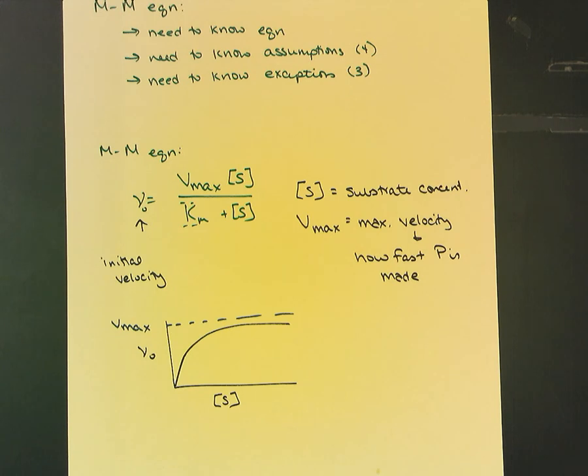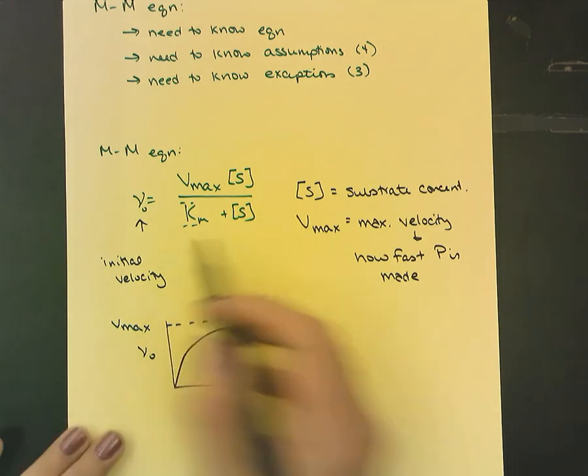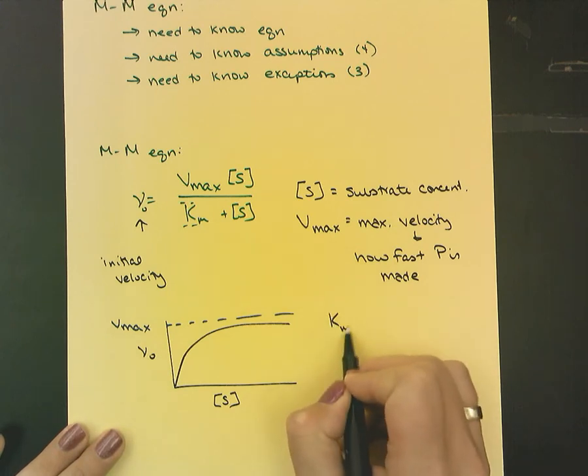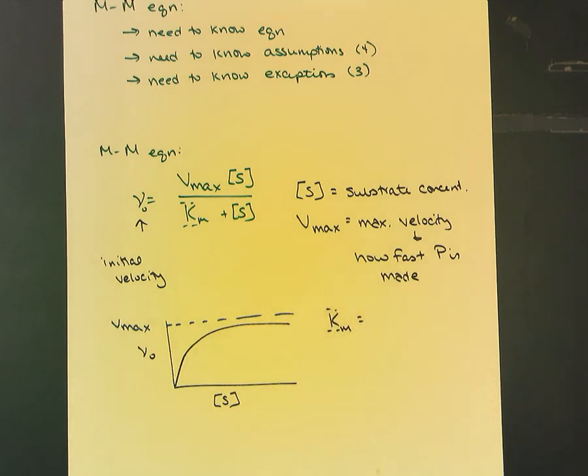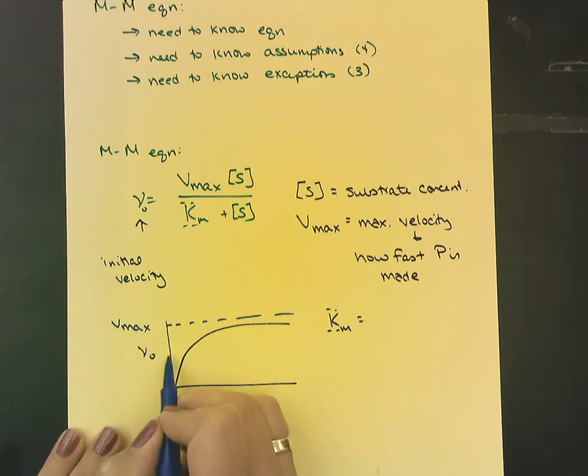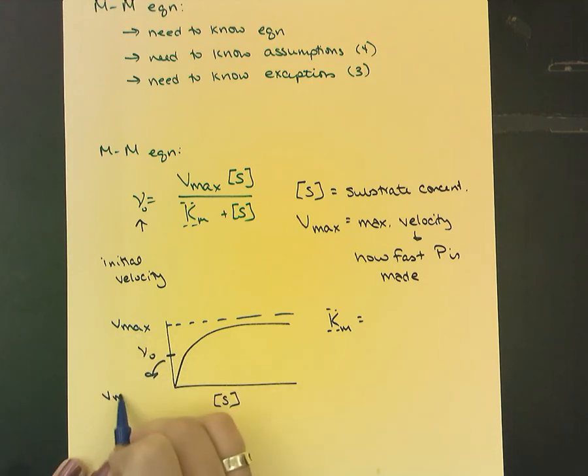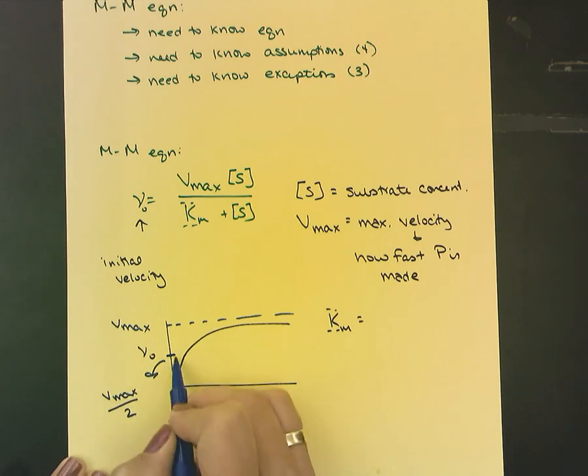Okay. So I'm looking back at my equation up here, my Michaelis-Menten equation. There's a few different ways we can define Vmax. Looking at my graph, what is one way I could define Vmax based on my graph? Definitely a homework question about this. Half of Vmax. So if this is Vmax, half of Vmax would be here. Vmax over 2. I would draw across to the line and then down to the x.